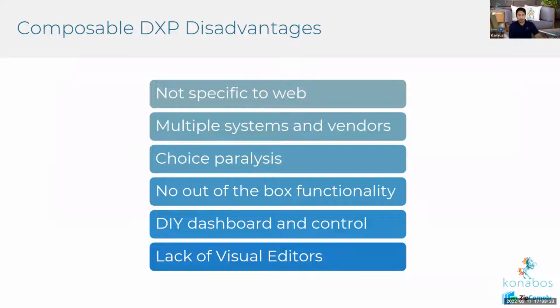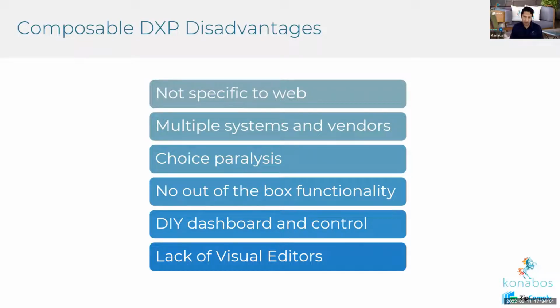There are multiple systems and multiple vendors. When you have your Sitecore XP platform, that is the choice of everything that you're going to use. You're not having to go out and look for a vendor for the CMS, a vendor for the email campaign system, a vendor for your marketing automation and another vendor for the search.